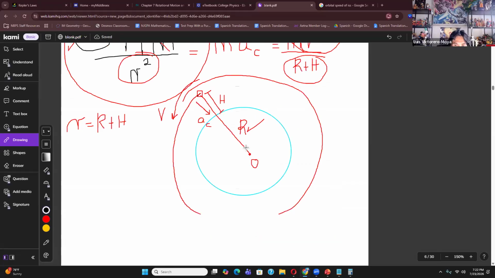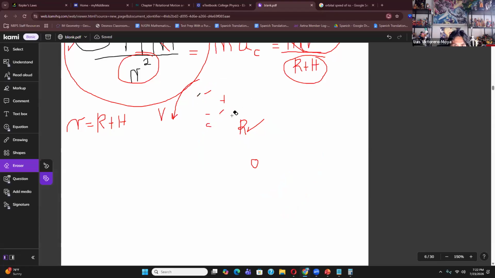R is this whole thing because that's the ISS. ISS is doing all this. So let's do it better. So the ISS, right? Let's do two shapes.